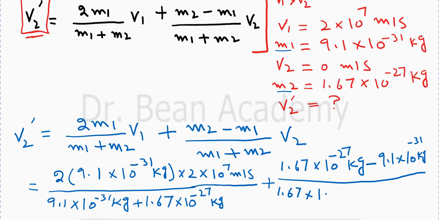Because below there is addition, if I switch the values it doesn't matter. So I can write the hydrogen mass first, 1.67 × 10^-27 kg plus mass m1, 9.1 × 10^-31 kg.